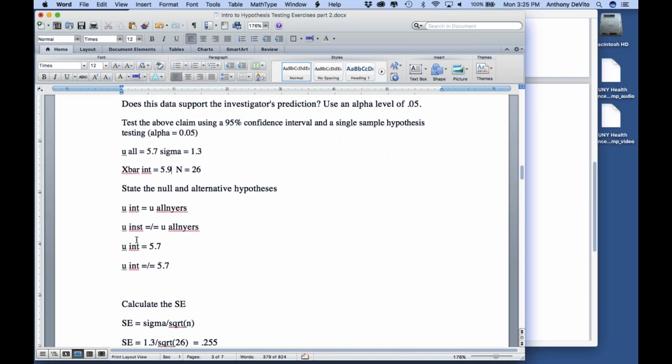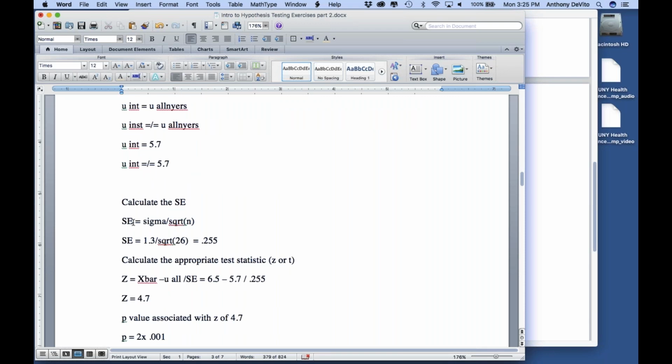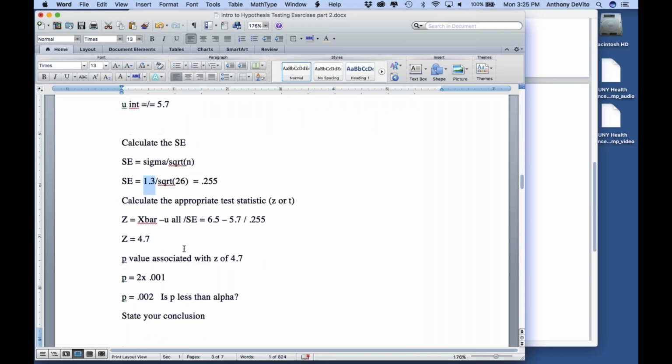Okay, well now if I go through this whole thing again, right? Mu for the introverts is 5.7. That's the same, hasn't changed. Just our sample mean changed. So our standard error hasn't changed. It's still 1.3 divided by the square root of 26, sigma over the square root of the sample size. But Z has changed.